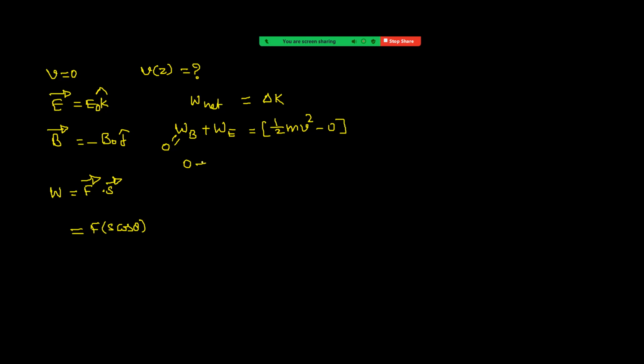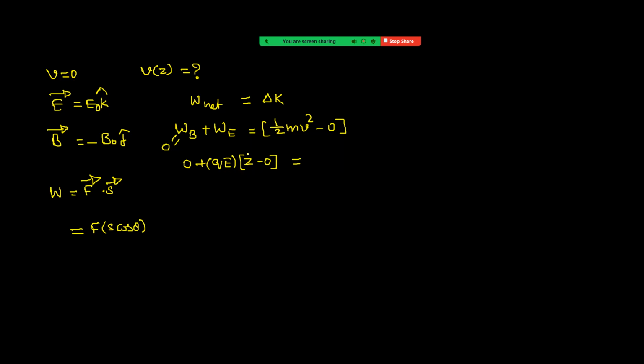Now exactly we are doing the same thing here. It is 0 plus electric force q into E, I am taking the modulus value, multiplying that with the component of displacement along z axis. Initially, it was at origin, so z coordinate was 0. After some time, it is z. Then displacement along z axis is z minus 0. Are you getting it? Since the electric field is along z axis, we focus on the displacement component along z axis, right?